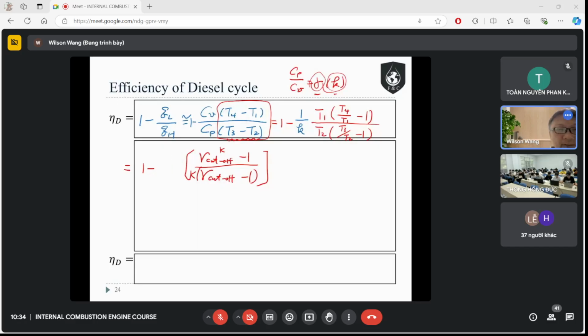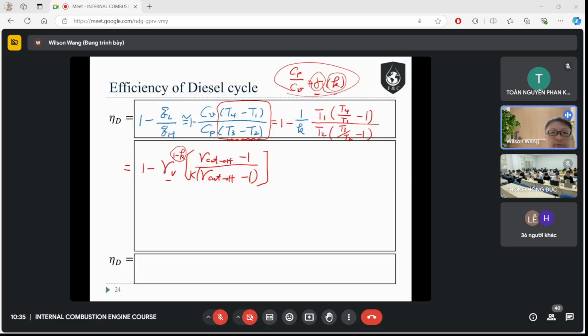And this part is the compression ratio. So it's 1 minus the compression ratio to the power of 1 minus K, where K is the specific heat ratio.